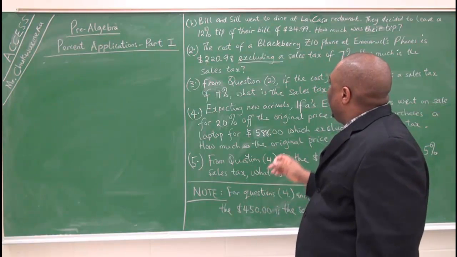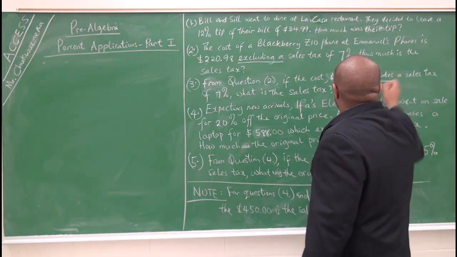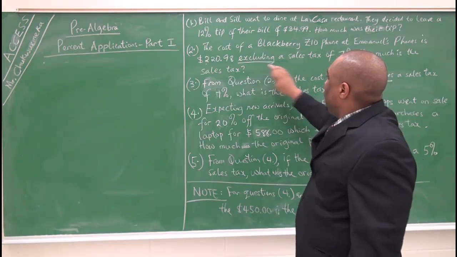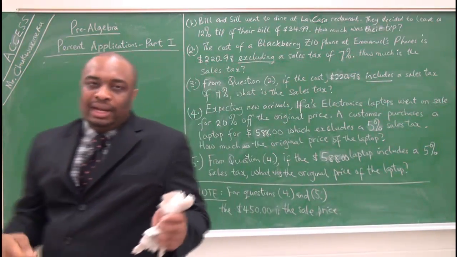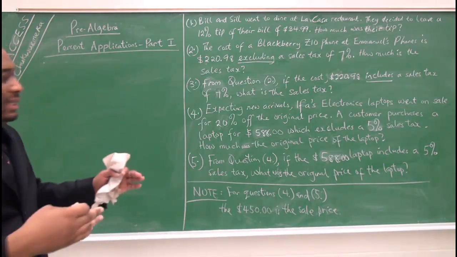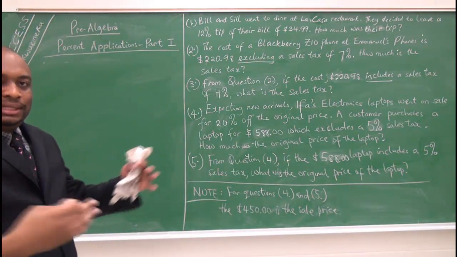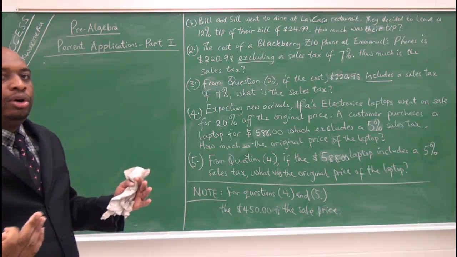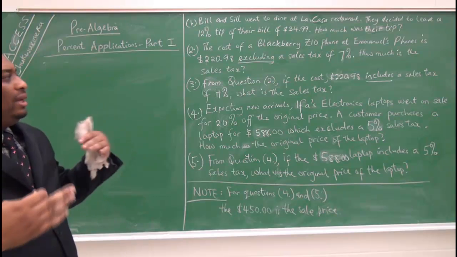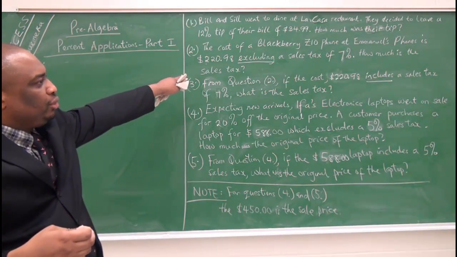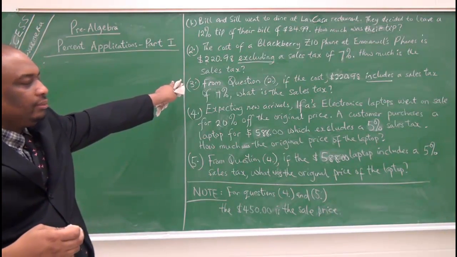And this one says includes. So that is to tell us that the $220.98 includes that sales tax. So the sales tax, it's not the same way we found number 2.